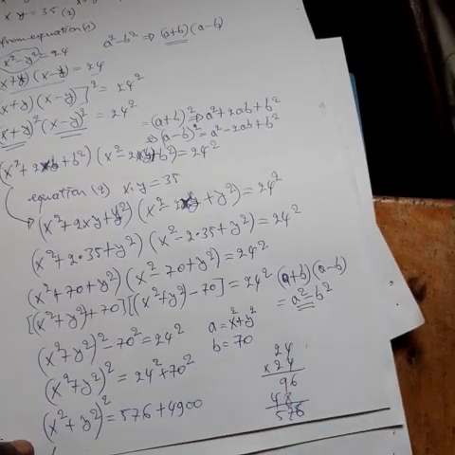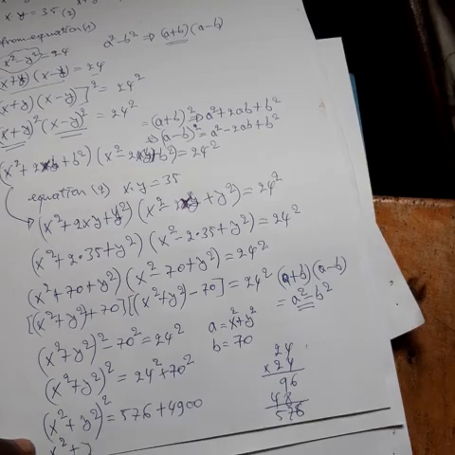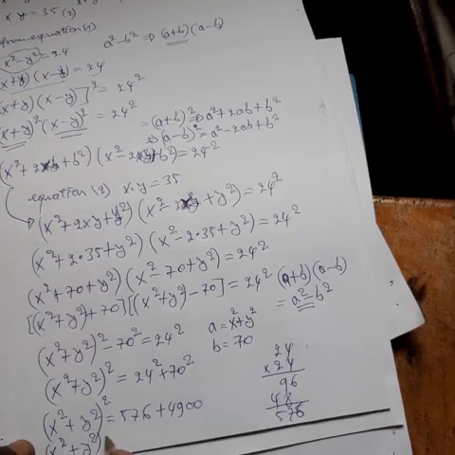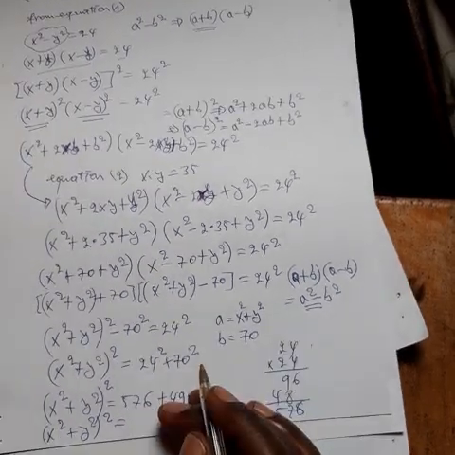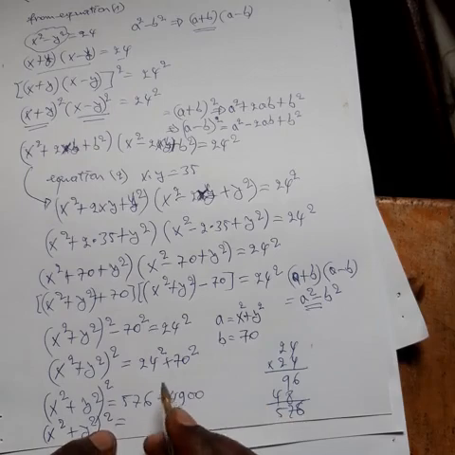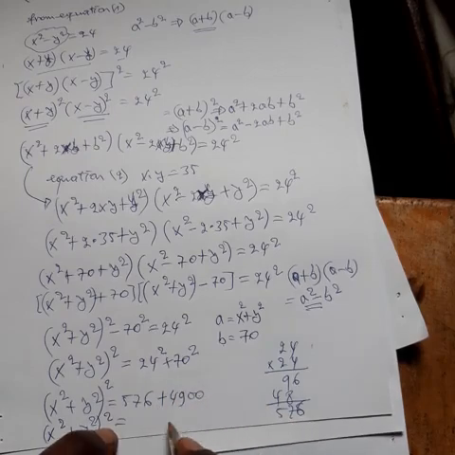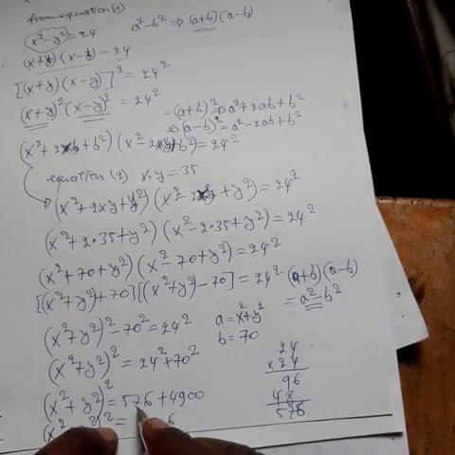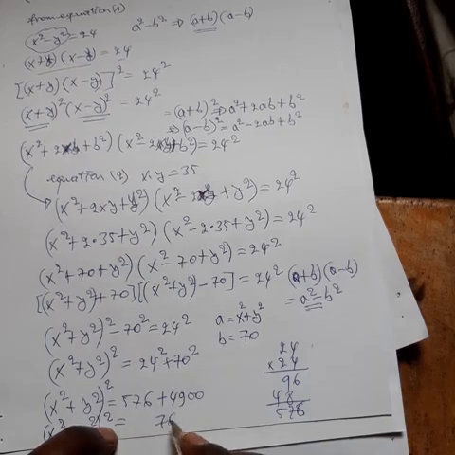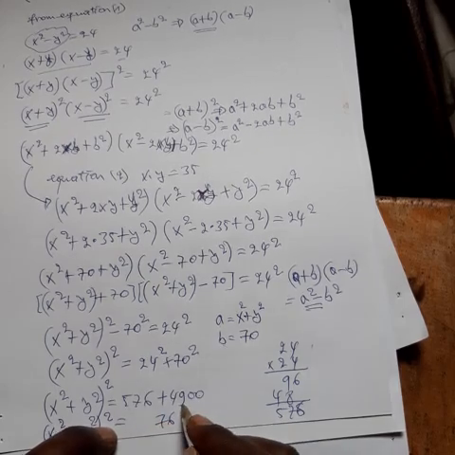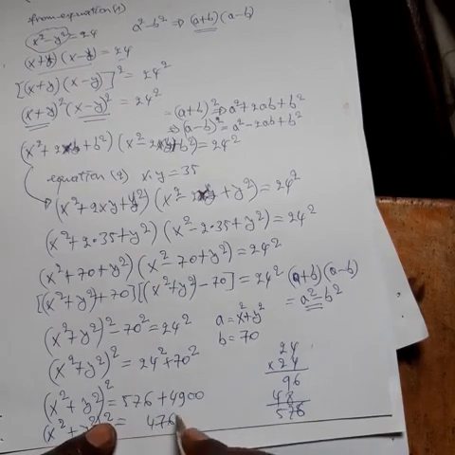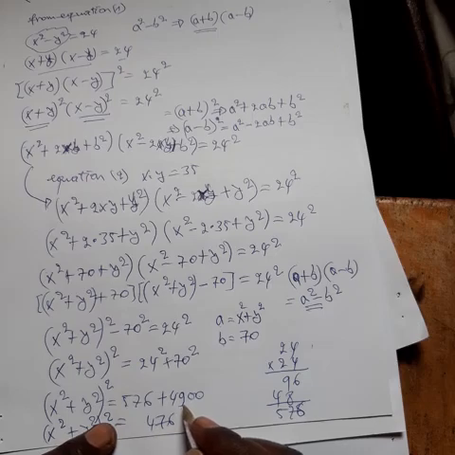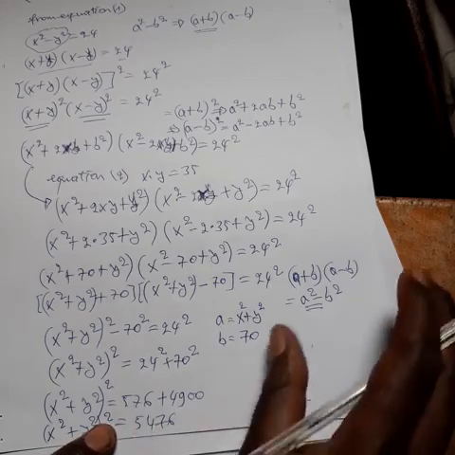So x squared plus y squared, which is a square, will be equal to 5,476, okay.